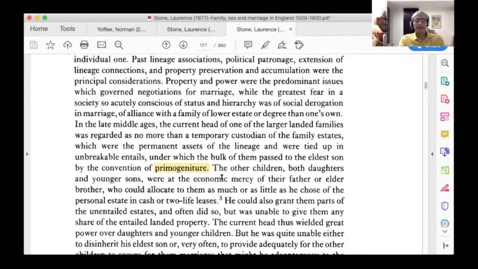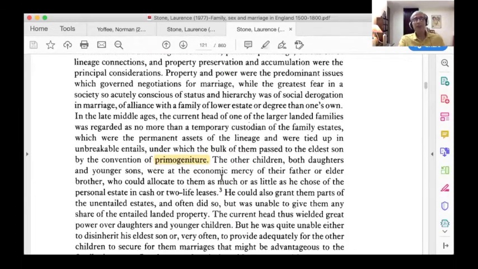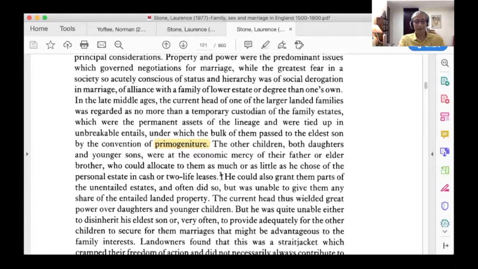And the convention of primogeniture, what does that mean? I'm not sure if I'm pronouncing that right. Really, the eldest born, the eldest son, not daughters, gets to inherit the wealth or the property of the father, right?